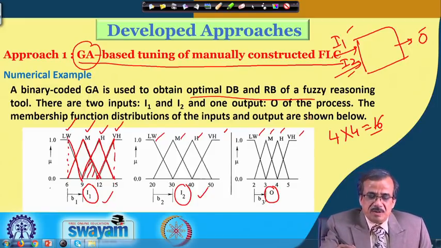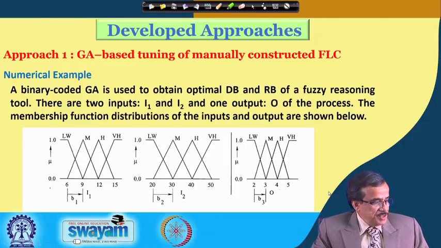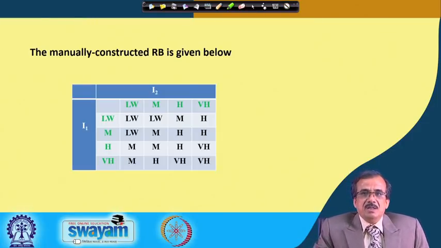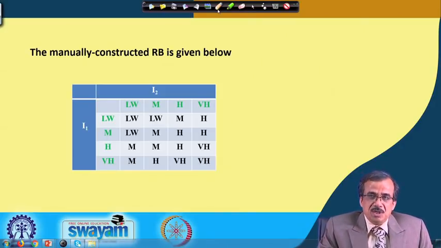And once you have got the membership function distribution, we are in a position to design the rule base. Here we have got the 16 rules.